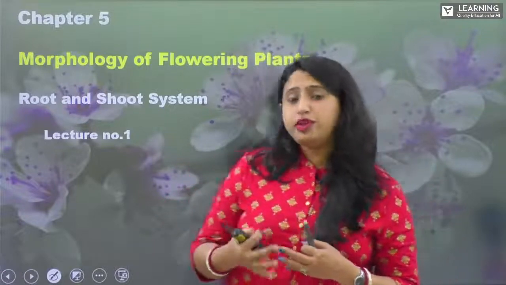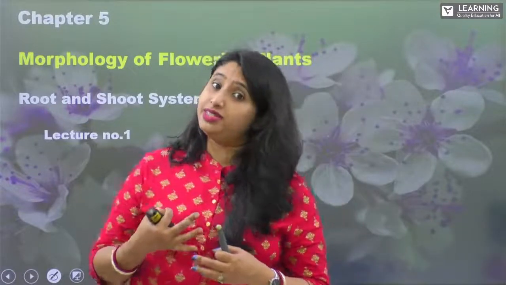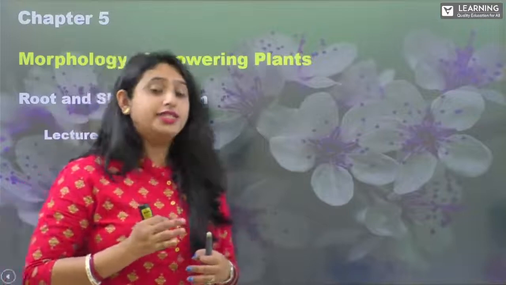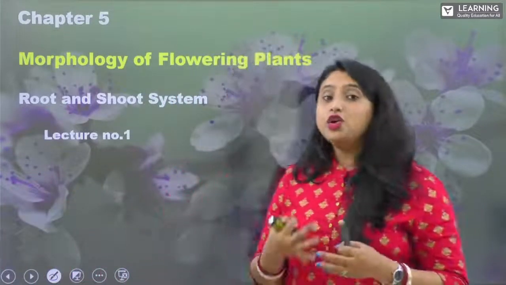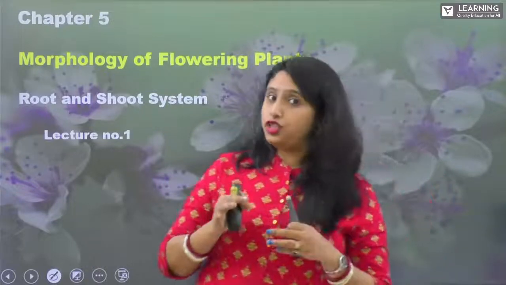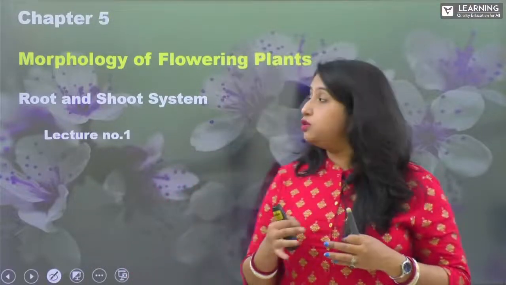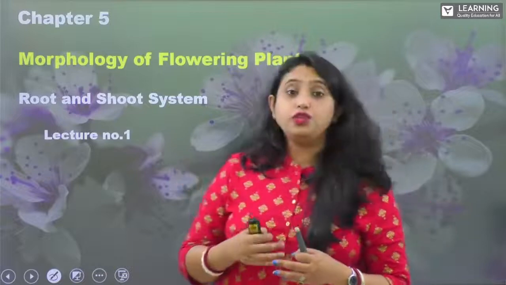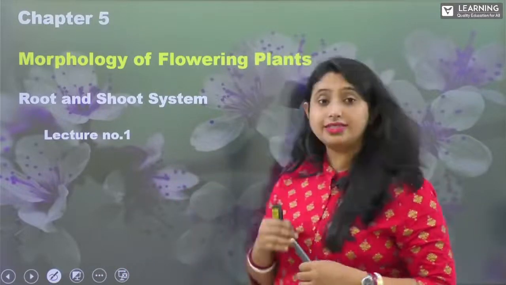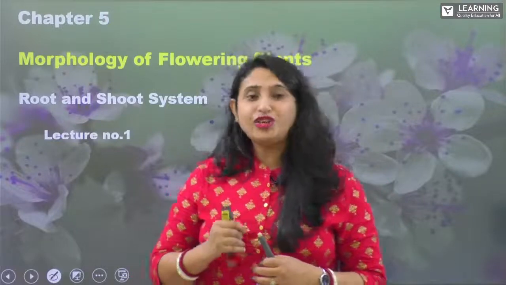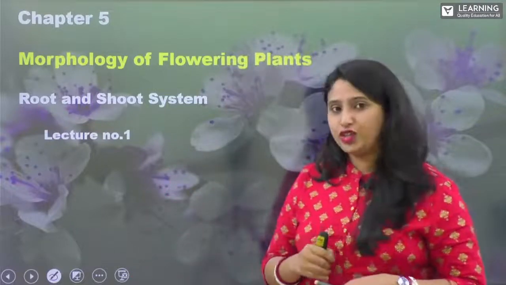Do you remember what we call the flowering plants? The flowering plants are called angiosperms, right? So we are going to learn about angiosperms. In today's class, we will see the root system and the shoot system. And this is lecture number 1. So without any delay, let's begin today's session.